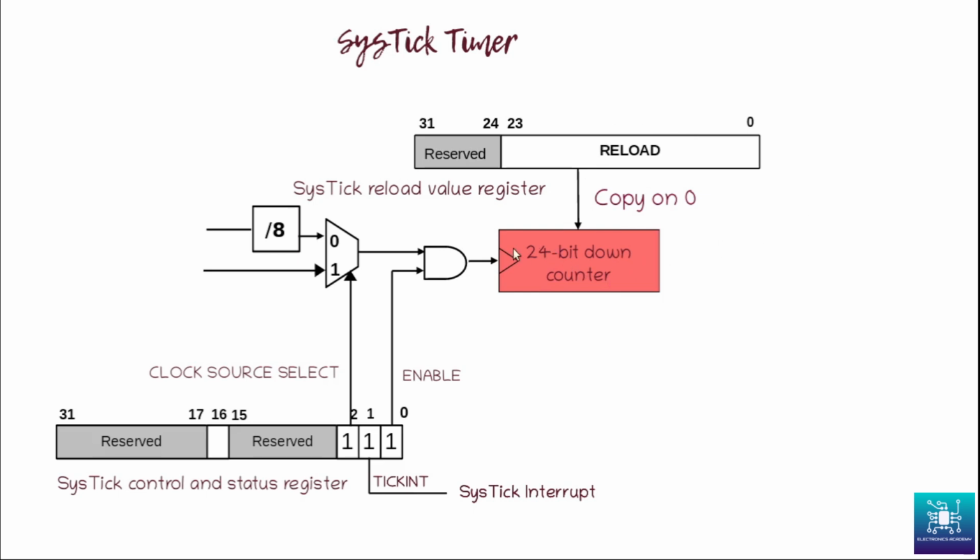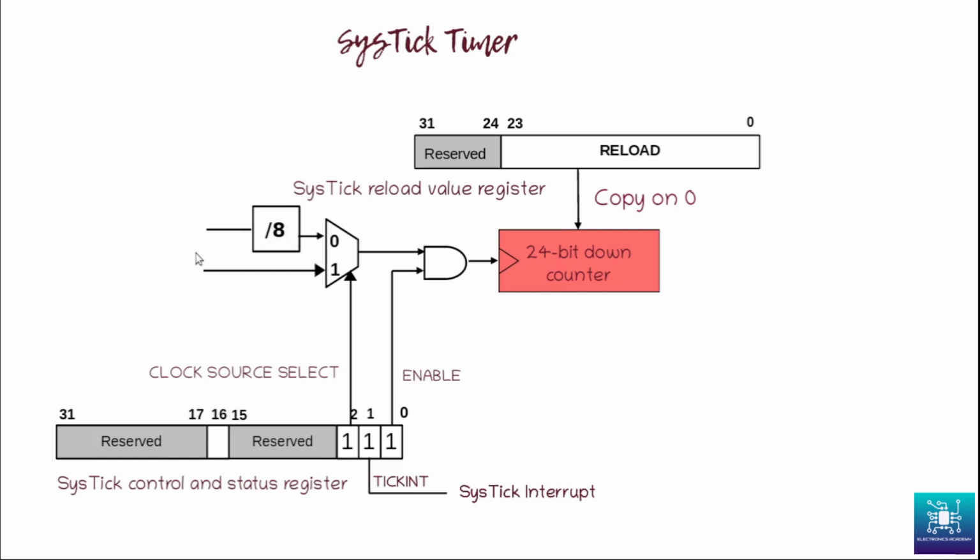Now mind it, this is a 24-bit down counter. So with a 24-bit down counter and an 84 megahertz clock, it will not be possible to have this counter generate an interrupt every second. In that case, we will have to slow down the counter or the timer, and thus we will need to pass it through the divide by 8 prescaler block.